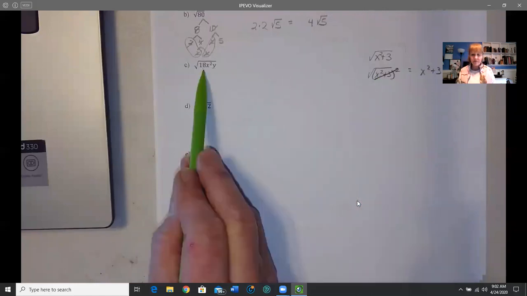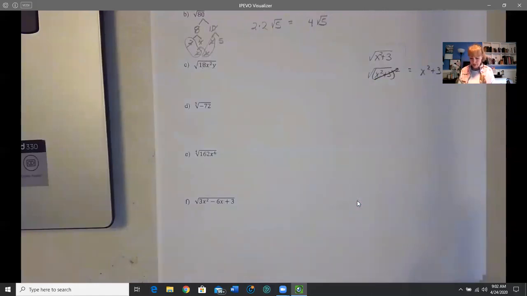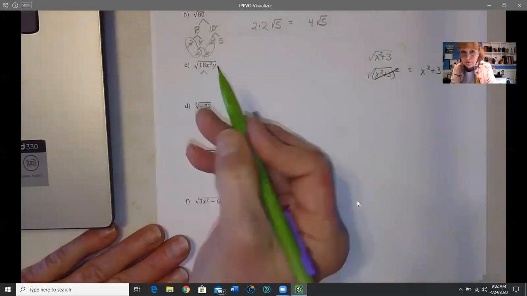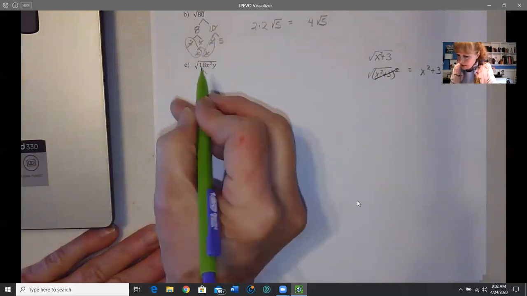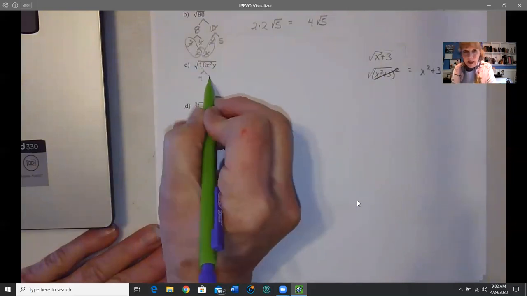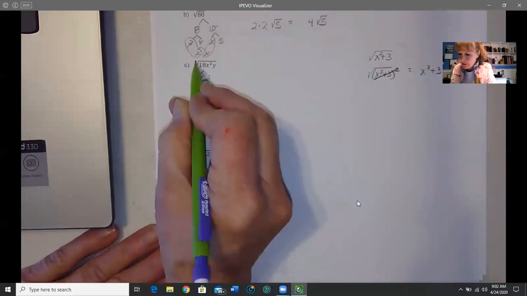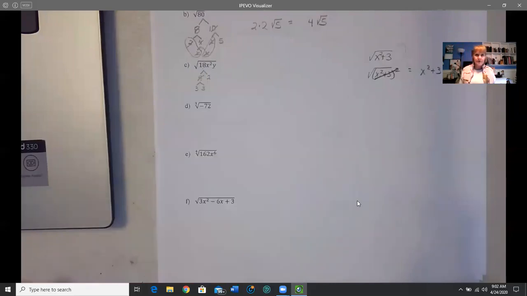So 18, let's deal with our 18 here. Let's break it down into 9 times 2 or 6 times 3, whatever you want to do. So let's do 9 times 2. And the 9 is 3 times 3. And again, we're still in the square roots. We're still looking for 2 of something.